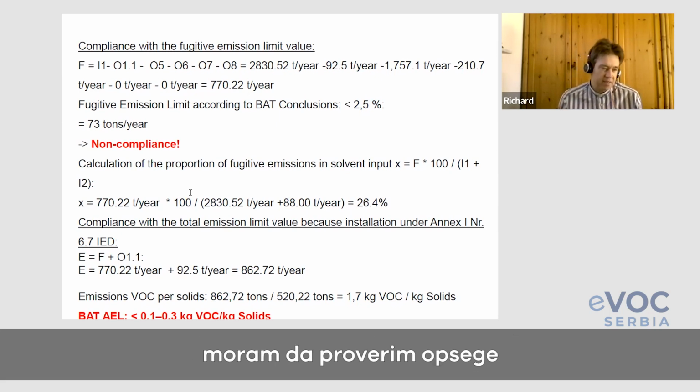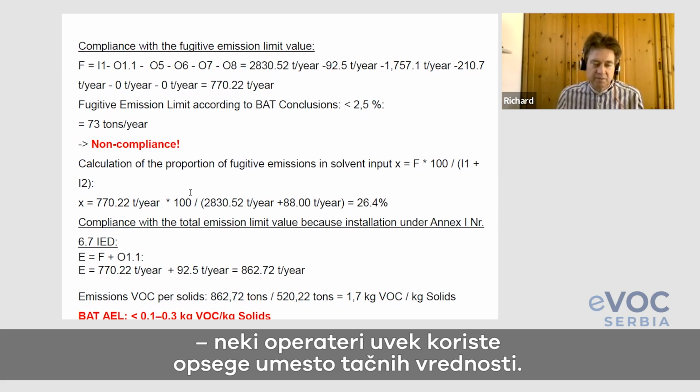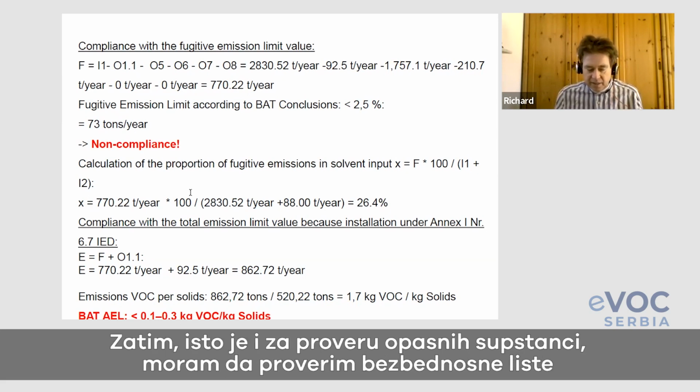And I must check about the ranges. Some operators are always using ranges or not accurate values. The check for hazardous substances is the same. I have to look at the safety data sheets.